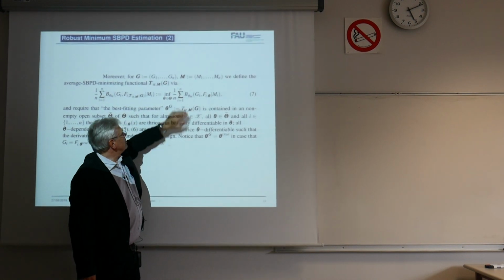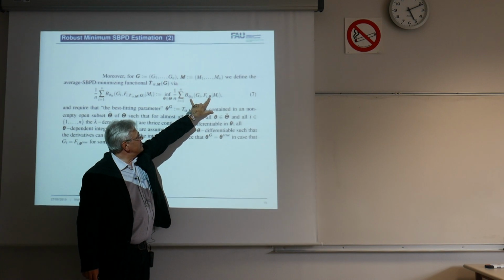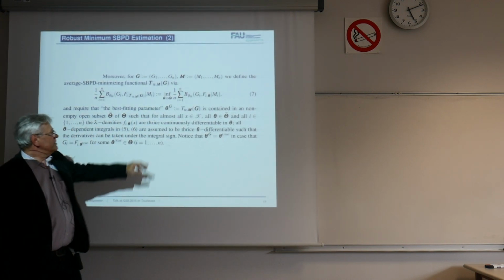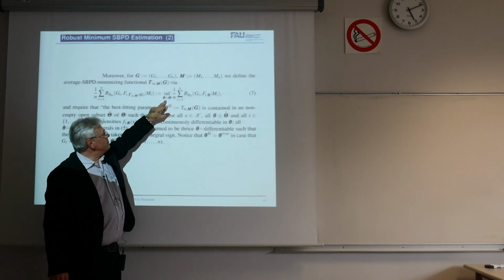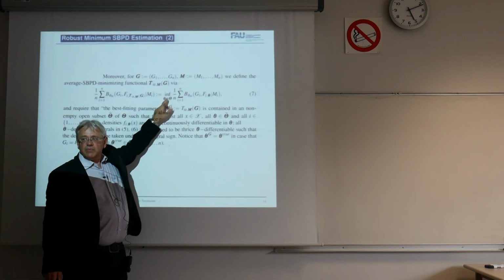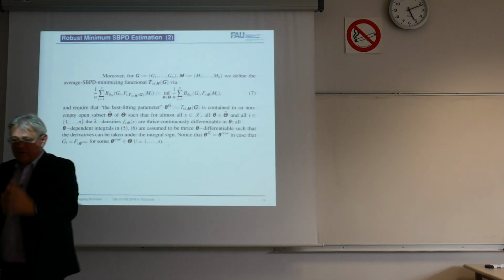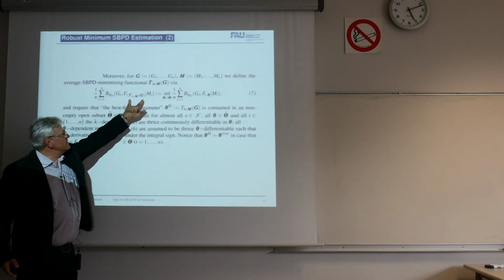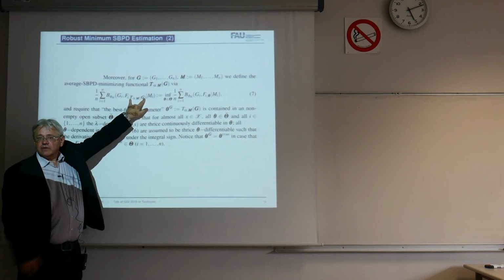We take the distance, sum up, and average it, and we search for that parameter theta which minimizes this aggregated divergence. The corresponding functional is our estimator.